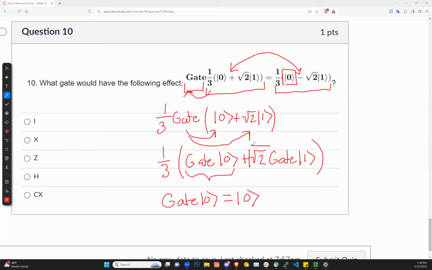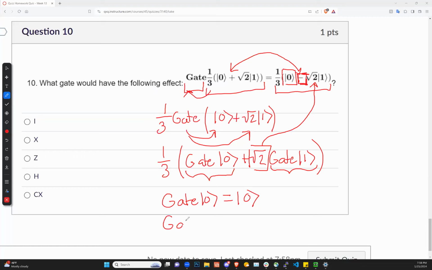Well, we have a coefficient of the square root of 2 here. We have a coefficient of the square root of 2 here. But there's a minus sign that has to come from somewhere. And so it must come from us applying the gate to the 1 state.